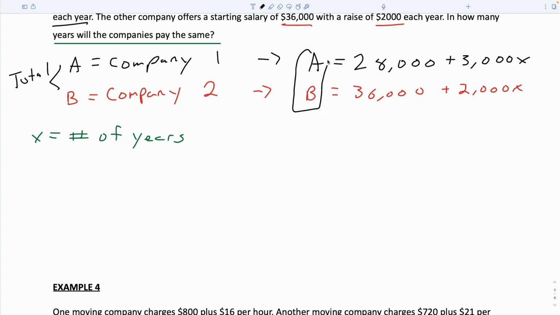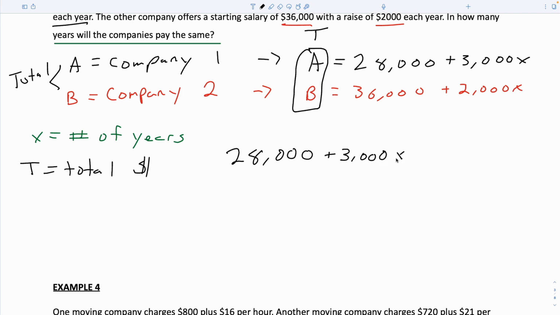So we want these numbers to equal exactly the same total. We're going to make T equal total salary or total money. And these things have to equal each other. So let's set this up. If they equal each other, they're going to be the same salary. We're going to take both equations and set them equal to each other.